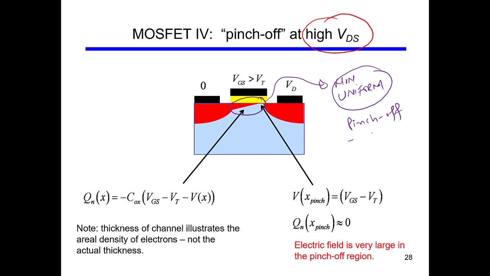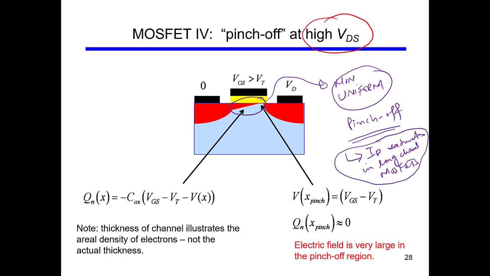Now this pinch off is the reason why the ID saturates in long channel MOSFETs. So this is the reason why ID saturates in the long channel MOSFET.